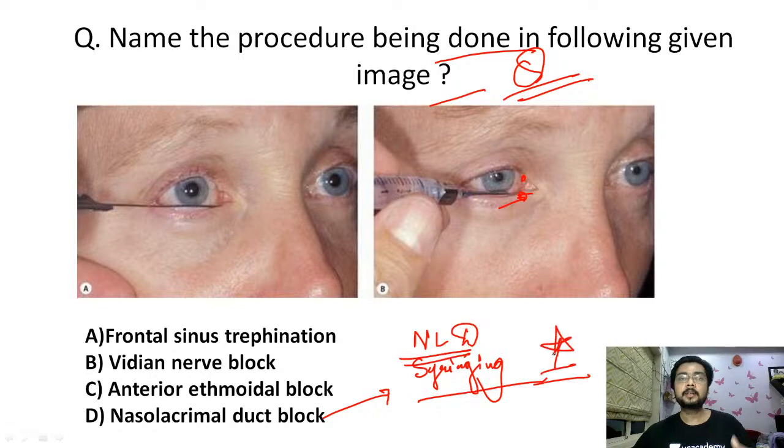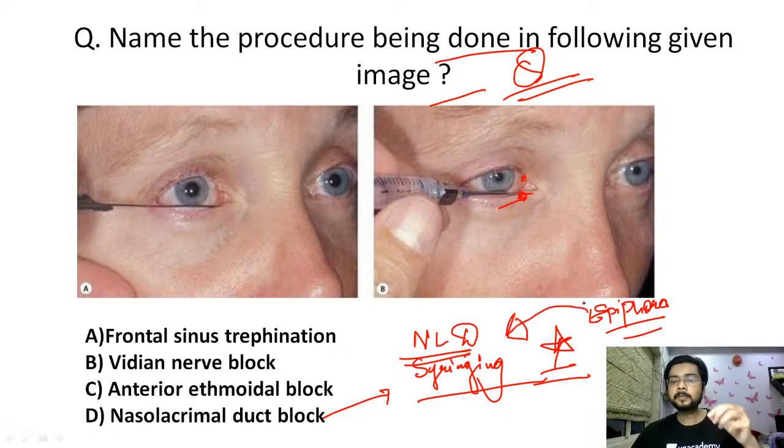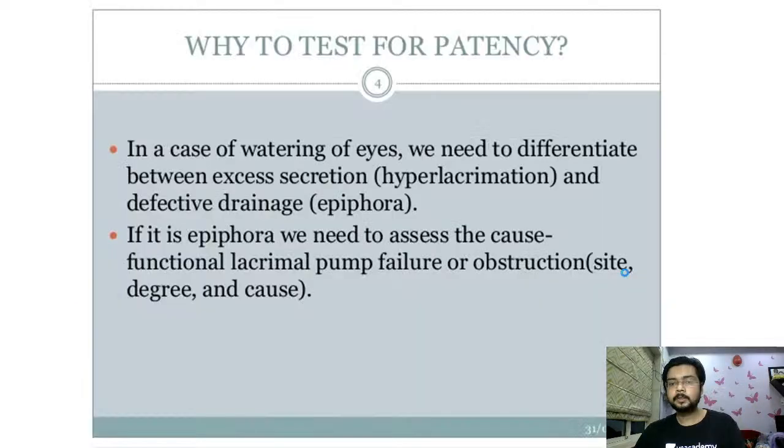They wanted to investigate epiphora, which is watering from the eye. They want to see whether this epiphora is caused due to blockage of the ducts of the lacrimal system. So that is why we do this syringing.